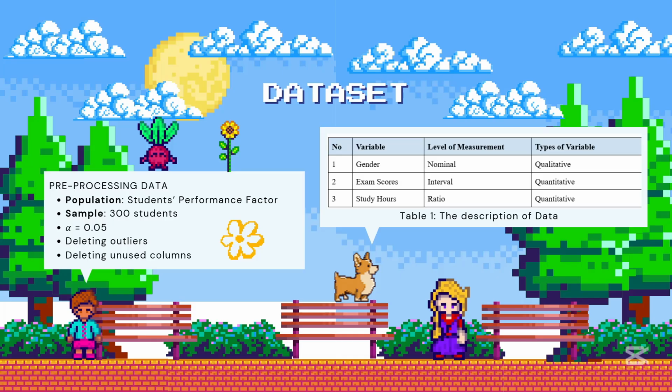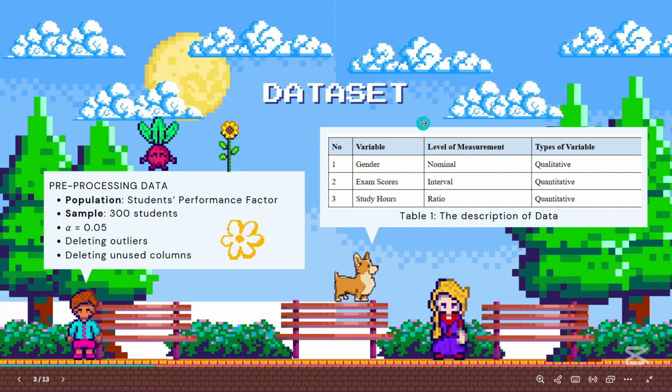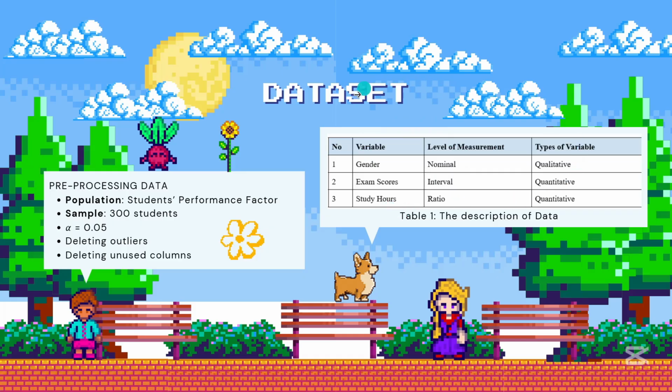We also deleted the outliers and unused columns in order to achieve our goals on this project. So basically, these are the variables that we have identified from our dataset.